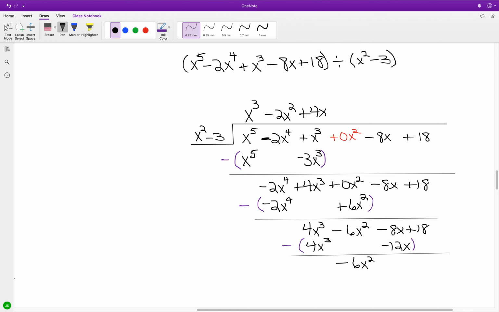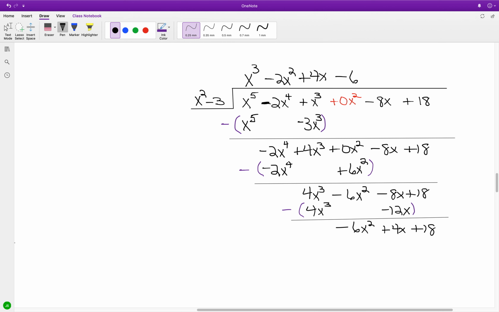And then we have negative 8x and plus 12x, so that will make plus 4x. And we can bring down the plus 18. And then we have x squared into negative 6x squared, so that will be a negative 6. And with the distribution, negative 6 times x squared minus 3 gives negative 6x squared plus 18.